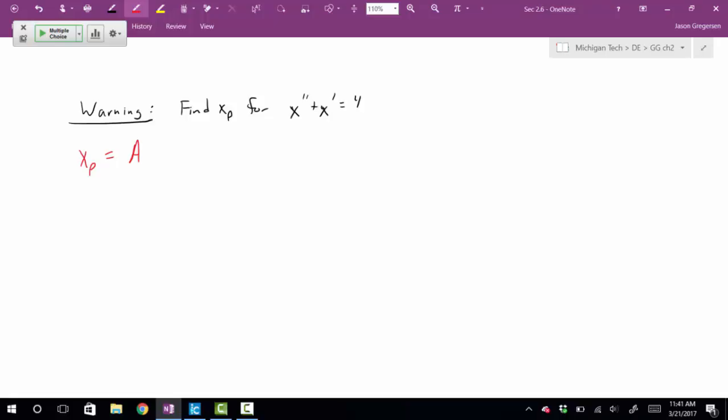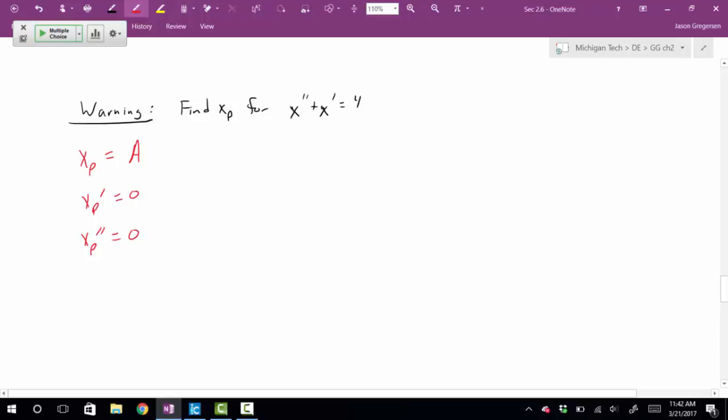I mean, it looks like a constant, right? So I guess A is my particular solution. That seems reasonable. I take the derivative, I get 0. Take the second derivative, I get 0. I plug it in, I get 0 plus 0 equals 4. That's the problem, right? All right, so what's going on here?